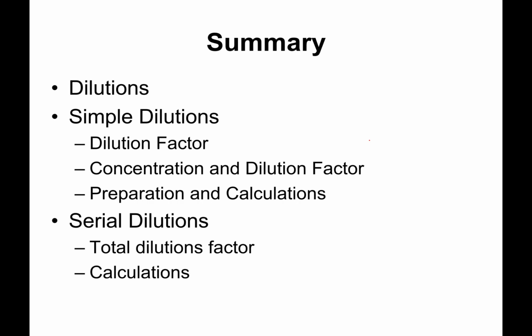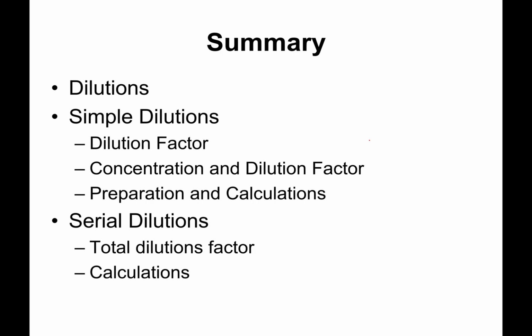We then moved to serial dilutions. We discussed how serial dilutions are a series of dilutions, more than one dilution, so two or more dilutions, one after the other, connected with each other. Each dilution has its own dilution factor, and the total dilution factor that you achieve through serial dilution is the product of all individual dilution factors.